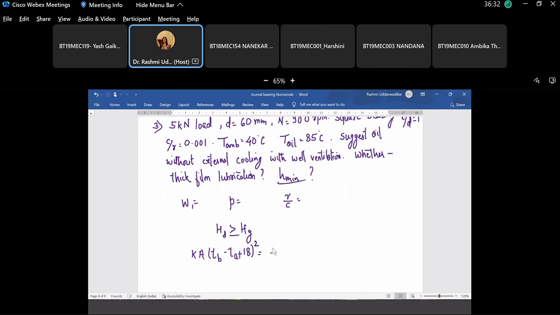This is equal to mu W V, where V is pi dN. So from oil temperature and ambient temperature, you know how to get the value of TB. This is given in the data book.